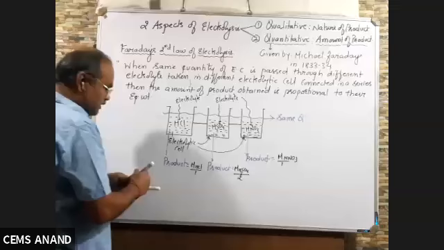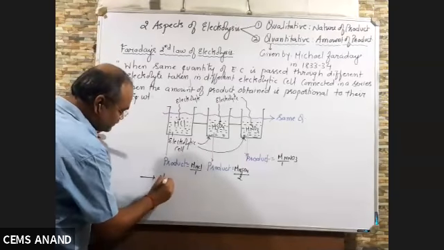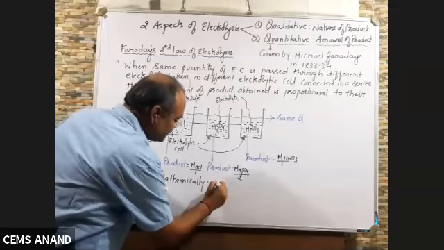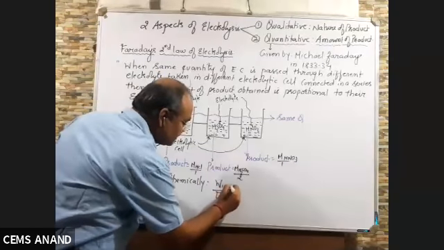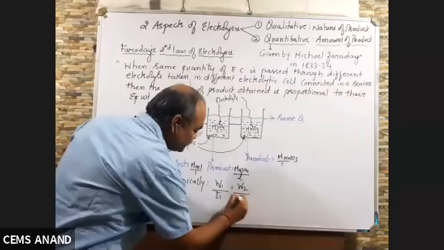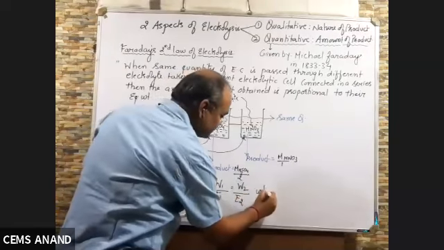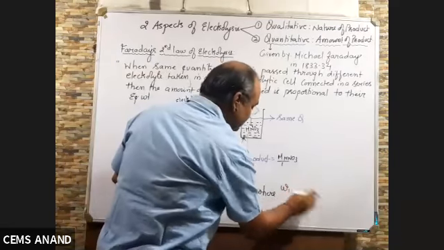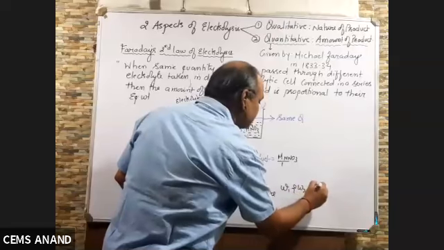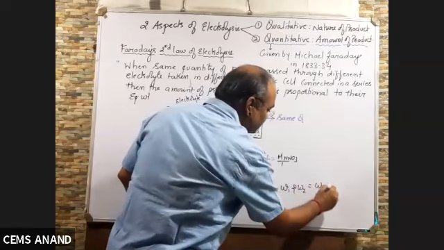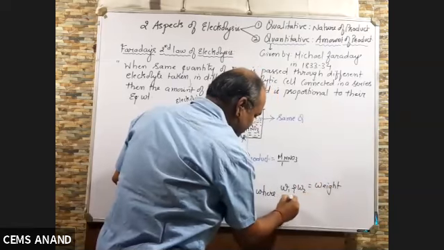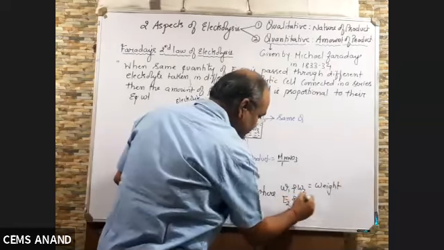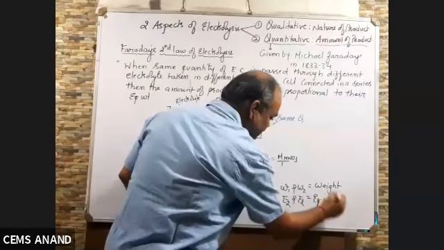But mathematically, how to write second law? Mathematically, you can write W1 by E1 is equal to W2 by E2, where W1 and W2 are weights and E1 and E2 are equivalent weights.